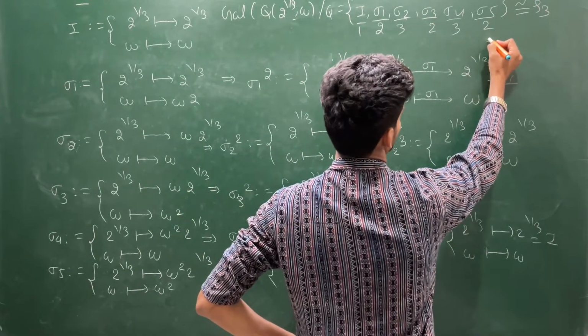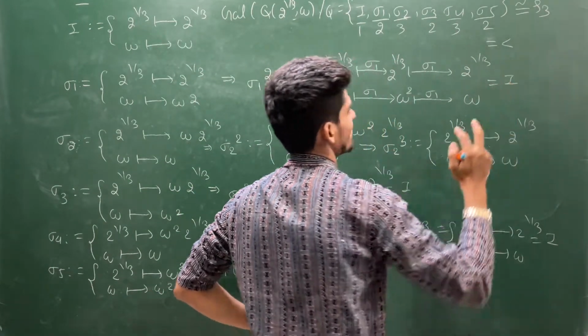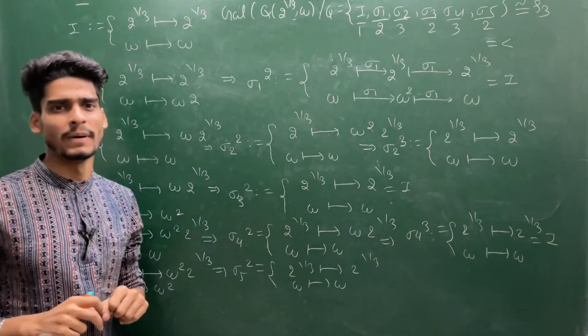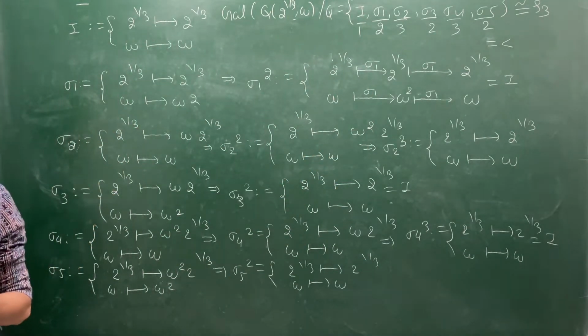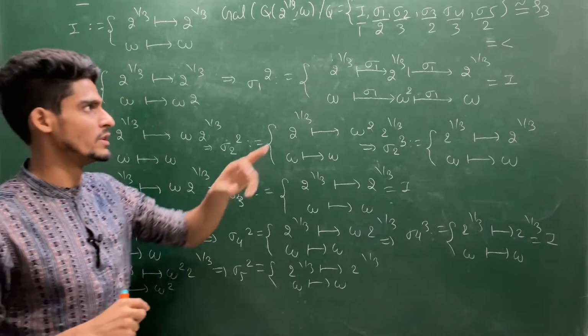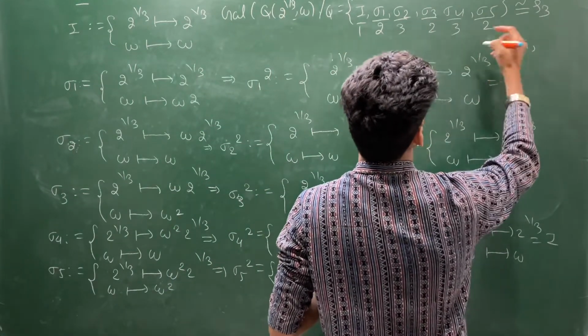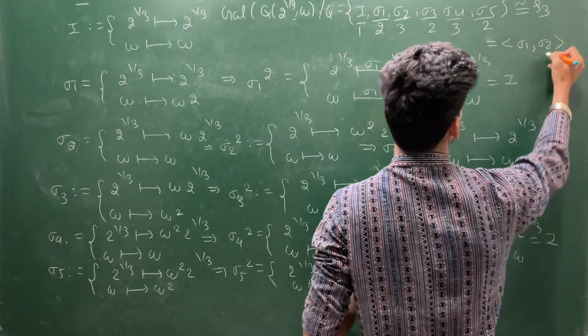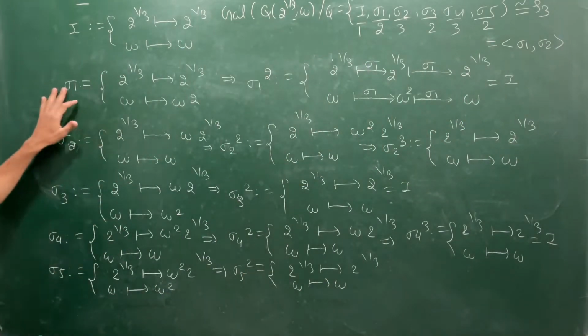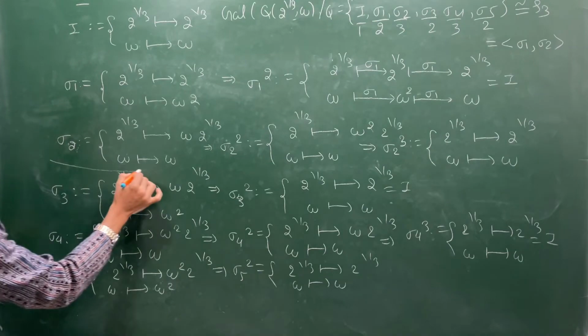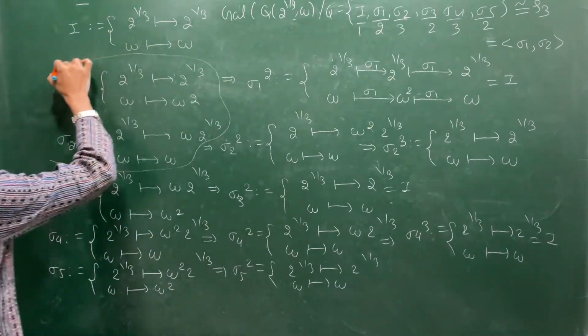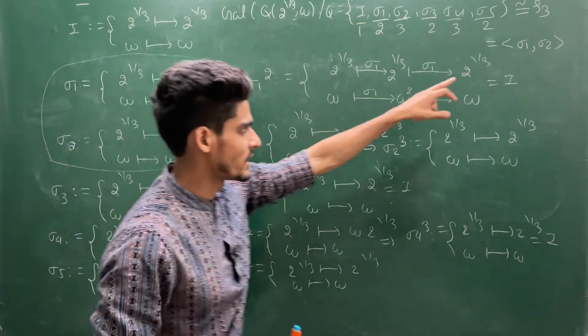This can be generated by two elements, because S3 can be generated by two elements. One you take an order 2 element and the other you take an order 3 element. So this can be generated by, say, sigma 1 and say sigma 2. So let's keep these 2 elements here and let me remove the other elements, because these can generate the whole of the group.